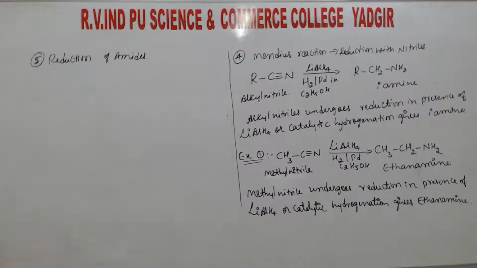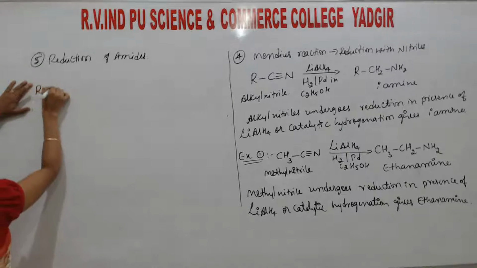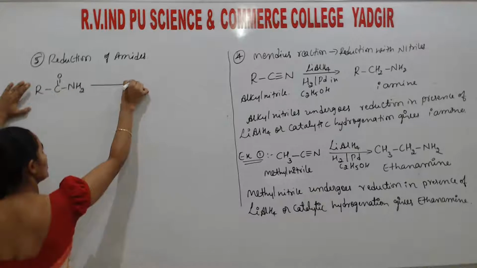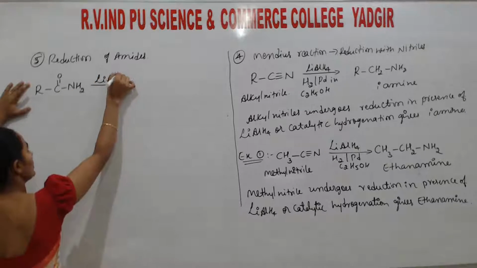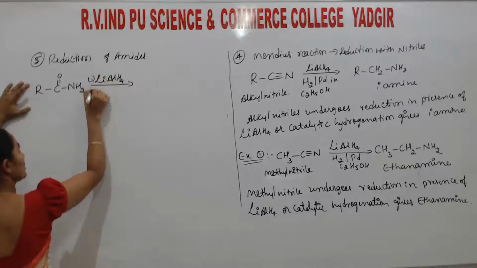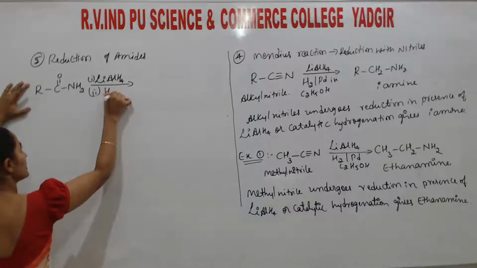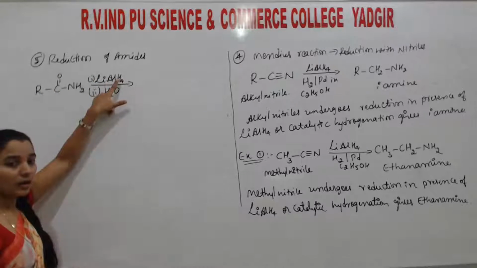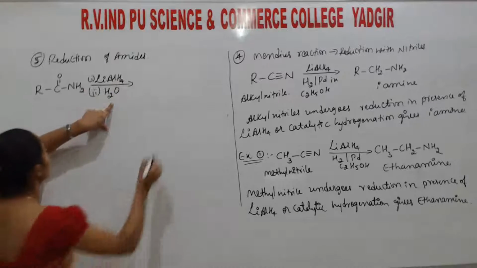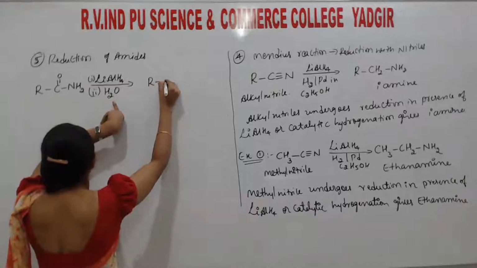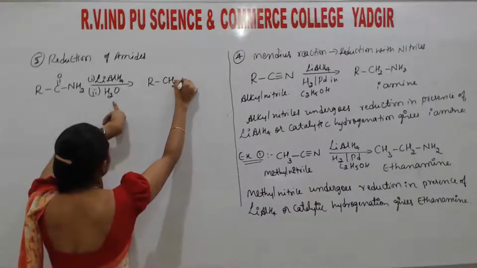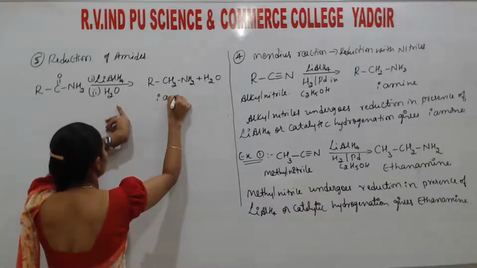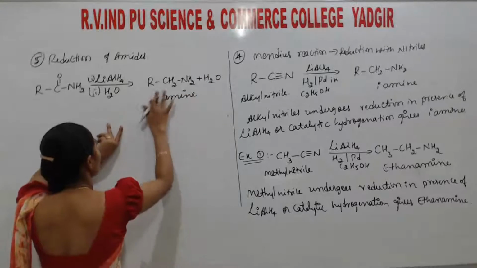In this reduction of amides, just like the general reaction, an amide R-C double bond O-NH2 undergoes reduction in the presence of lithium aluminum hydride, followed by hydrolysis, and gives R-CH2-NH2 plus H2. It is a primary amine.